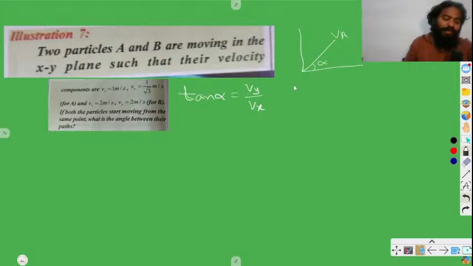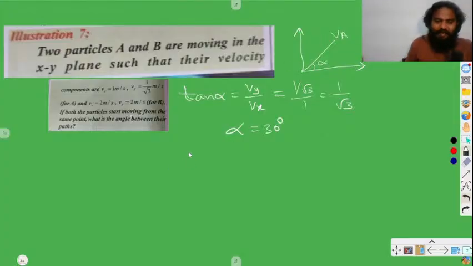We know this very well. Vy is 1 by root 3 and Vx is 1, so I am getting 1 by root 3 by 1, that is equal to 1 by root 3. This means alpha is 30 degrees, so particle A is making 30 degrees with the x axis.